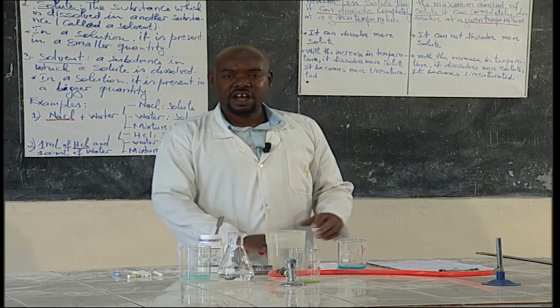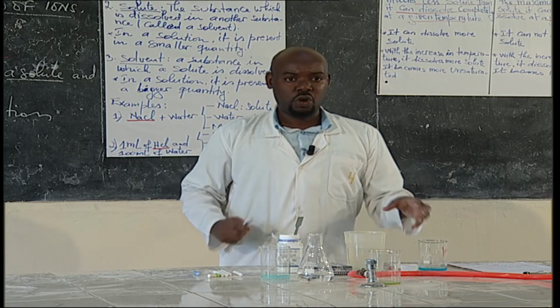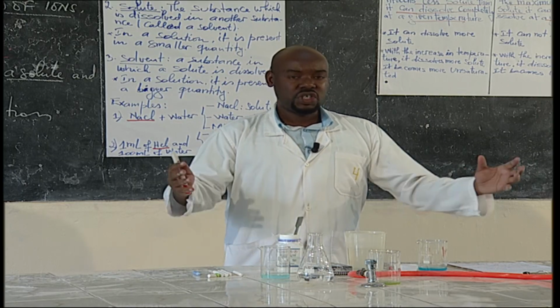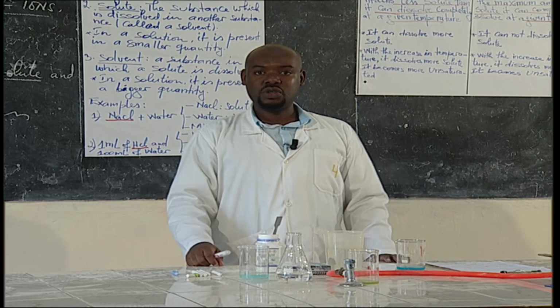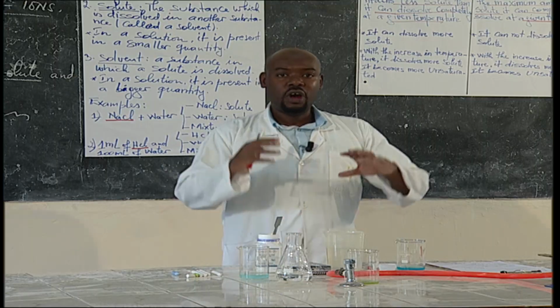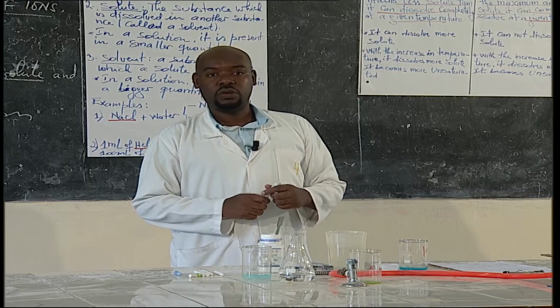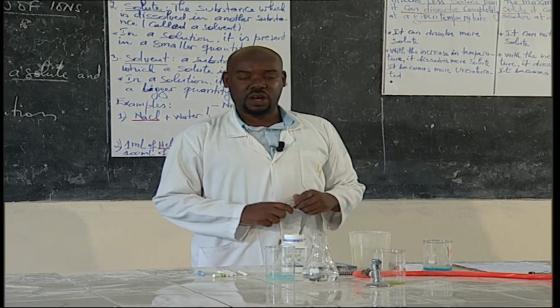Because we have seen that as you increase temperature, you favor the dissolution, the dissociation of more solid in the solution. So if you increase the temperature of a saturated solution, you will be favoring the dissociation of more solute, and then more solute will be dissolved in that solution, which has a higher temperature.